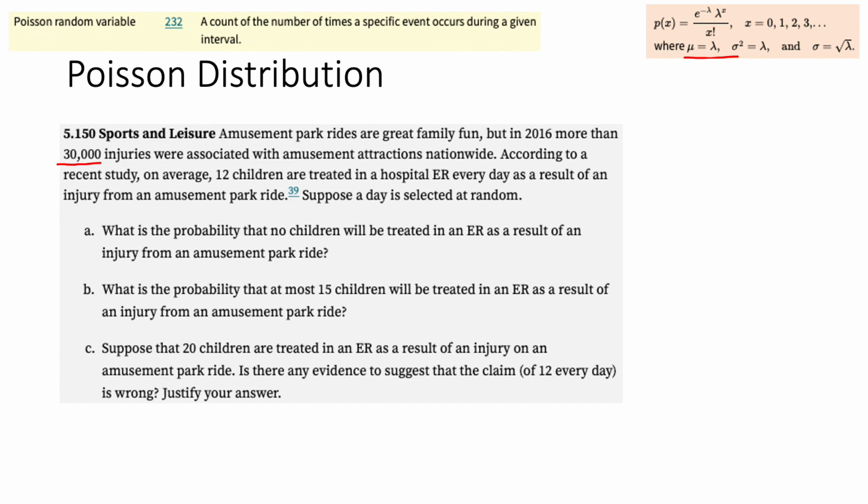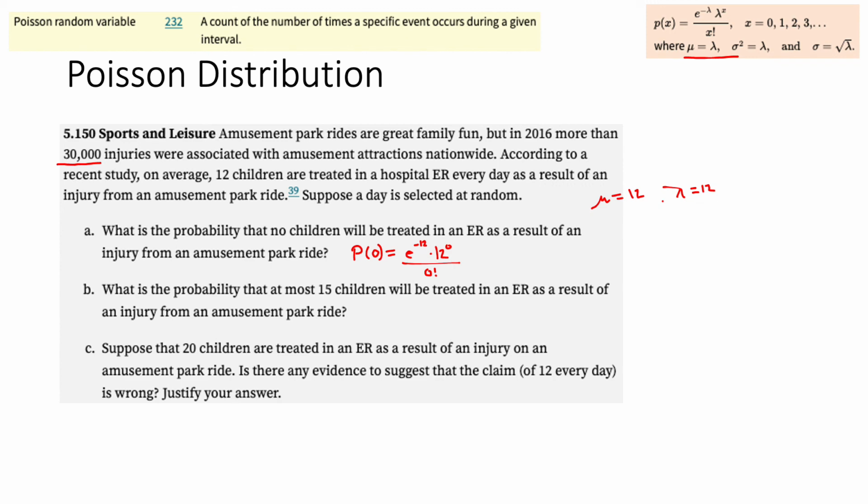A, what is the probability that no children will be treated in an ER as a result of an injury from an amusement park ride? So we can just plug our values into the formula here. And we've got e to the power of minus 12, because our mu is 12, which means our lambda is 12 as well, times 12 to the power of 0 divided by 0 factorial.